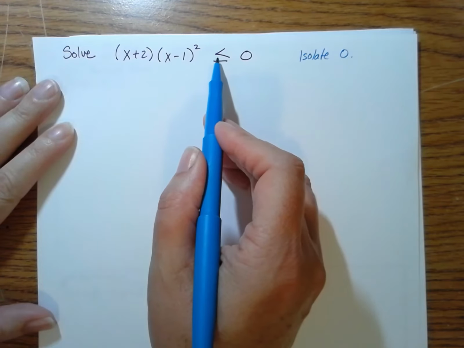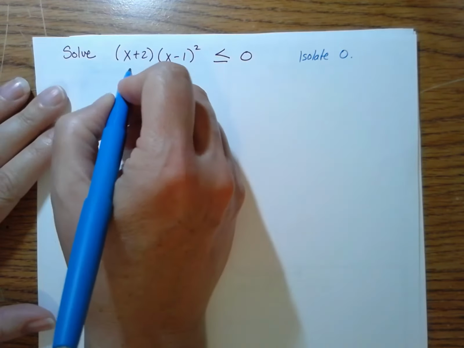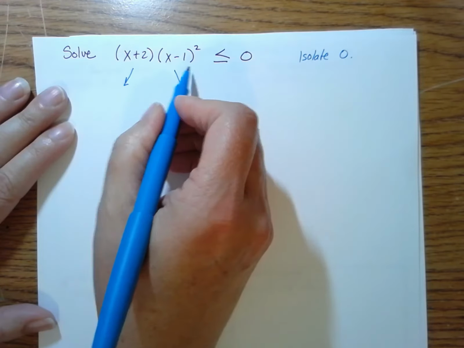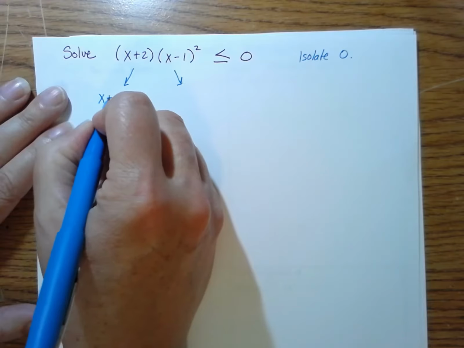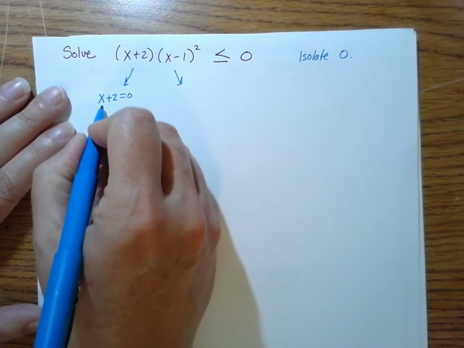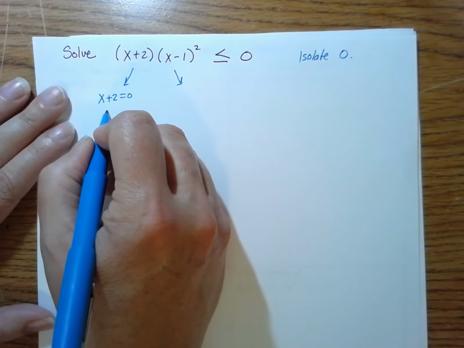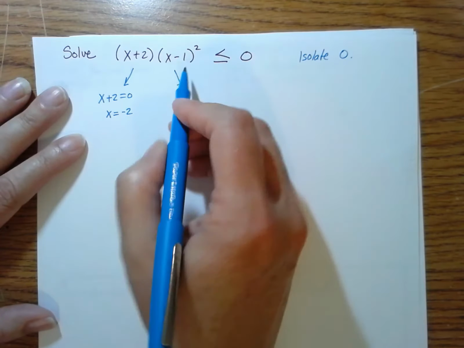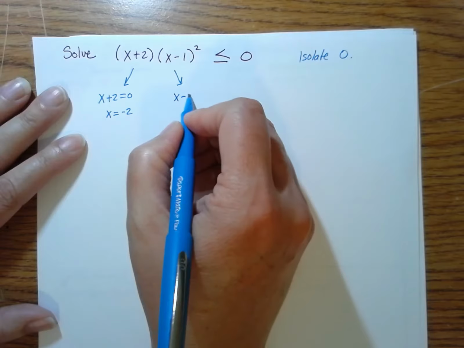All right, now we do this just a lot like what we do when we have an equal sign here. If we had this equal to 0, we would solve for the zeros of the polynomial, and that means we're going to separate the two factors into their own individual equations. So this one, x plus 2 is 0 if x is negative 2. That's one of our zeros. Over here, we're going to see x minus 1.